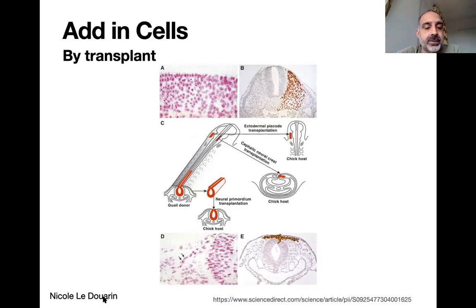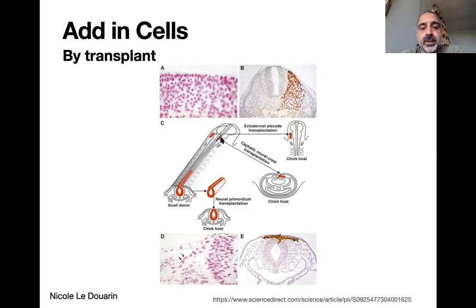This technique was first used by Nicole Le Douarin a long time ago. She finessed it by identifying an antibody that was specific to quail cells and not to chick cells. In this way, she could start understanding where groups of cells were going. For example, here ectoderm from this region is being transplanted.